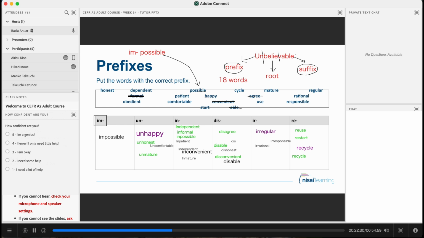All right, make sure to cancel the words that you have done so that you don't get confused.